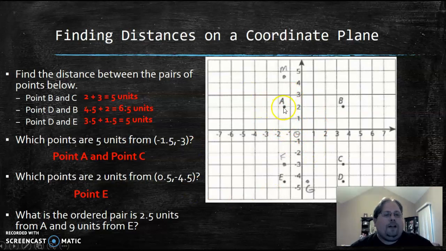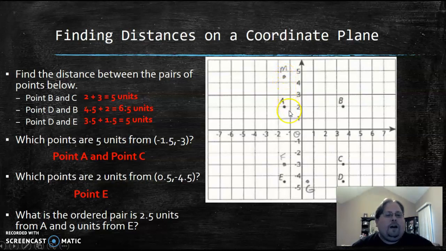Now, if I were to go left and right from A, 2.5 units, it's going to be a little difficult to figure out how many units, because these aren't lines that we're used to using yet, to figure out if there's anything to the left or right. So let's look above. If we look 2.5 units above A, that would put us at 4.5.